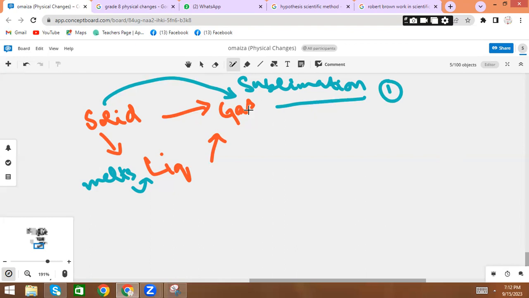And when a solid goes into liquid, we call this process melting. One is sublimation, in which solid directly goes into the gaseous state. The other is melting, in which the solid goes into liquid.